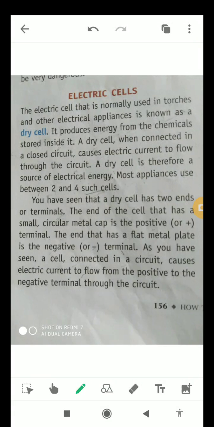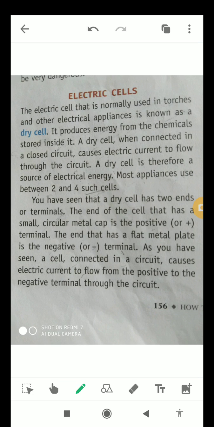Today in video number 36 I will tell you about electric cells and also about types of electric cells. Okay students, the electric cell that is normally used in torches and other electrical appliances is known as a dry cell.